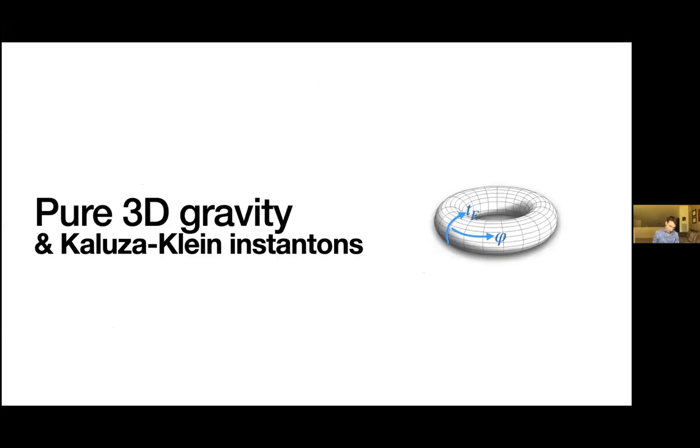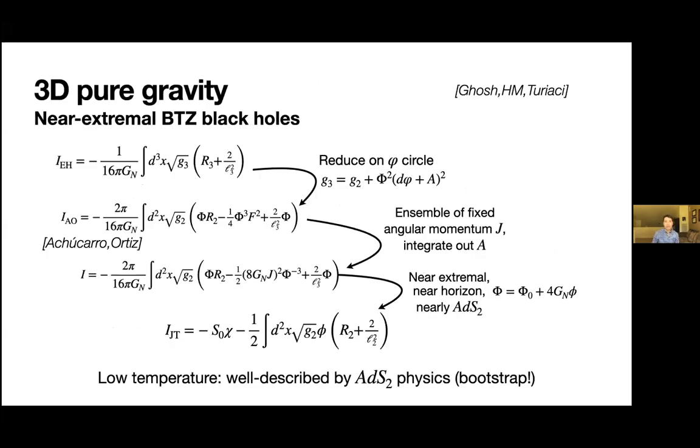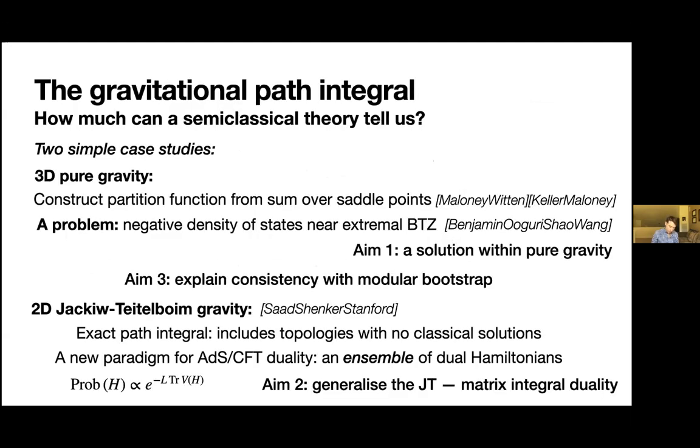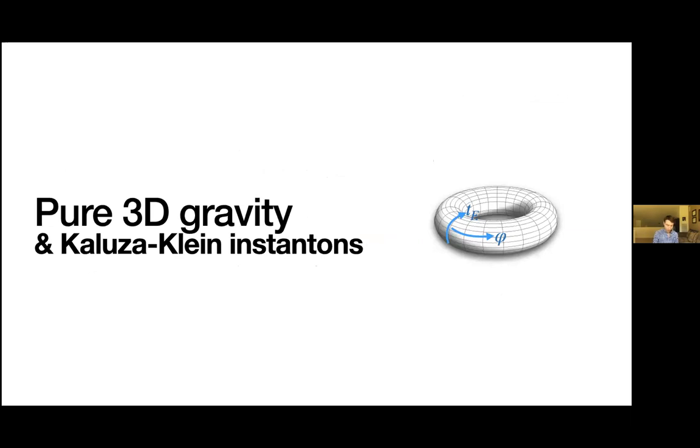Okay, so very briefly, let's start with pure 3D gravity, unless there are any questions at this point. Okay, good. So the regime in which we want to study 3D gravity here is the regime where this negative density of states was pointed out. And that's for very near extremal black holes.